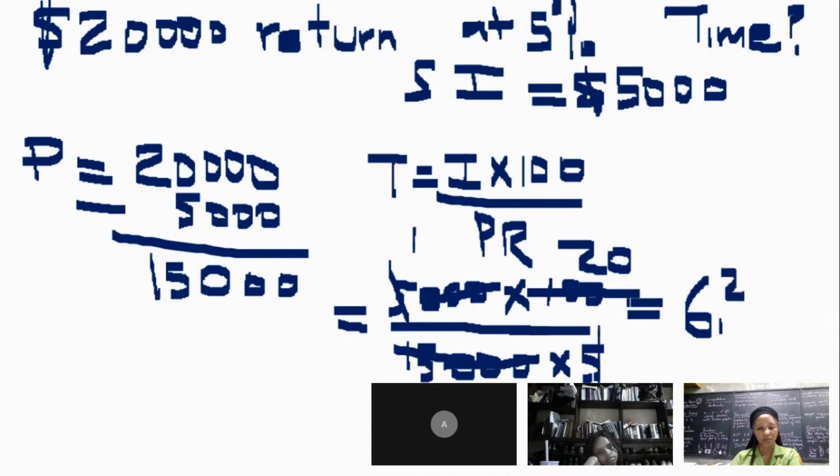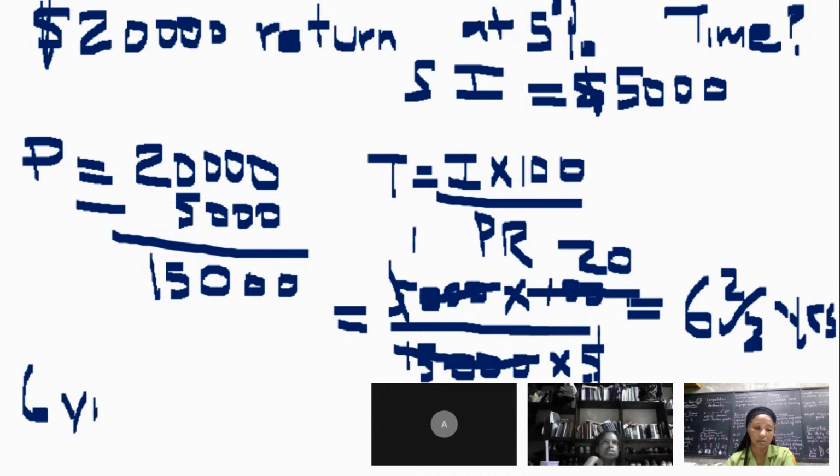So 6 and 2/3 years, yes, Miss, or 6 years and how many months? 6 years and 2/3 times 12. Miss, that would give you 8 months. So 6 years and 8 months.